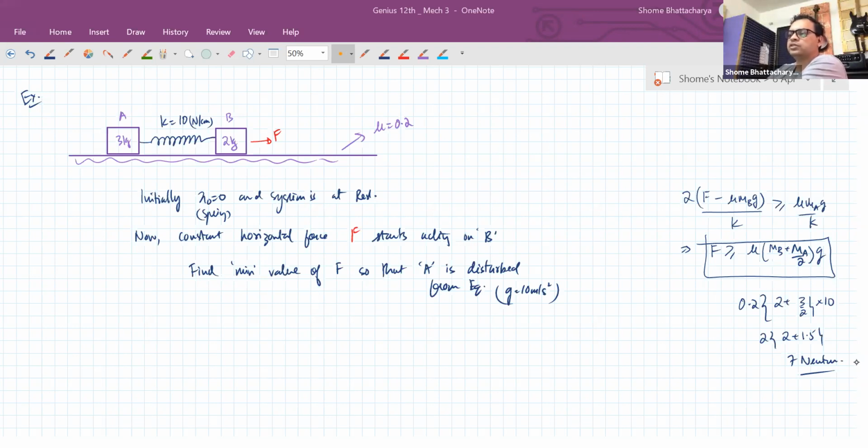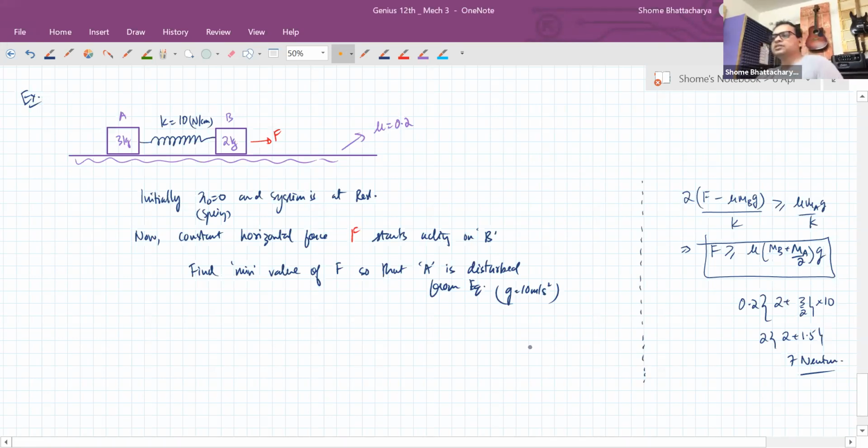It's when B has reached the maximum displacement or the spring is having maximum extension. So you can approach the question that way: suppose A is not moving, then what is the maximum spring force it is experiencing? So at the instant when it experiences that maximum spring force, if it just about has a tendency to move, then we have reached the limiting condition. So that is the concept we have to apply over here.